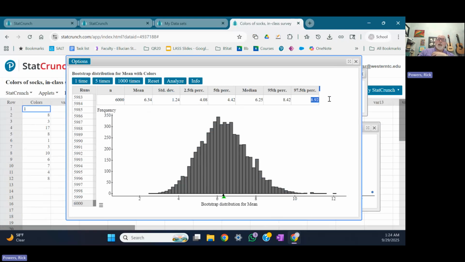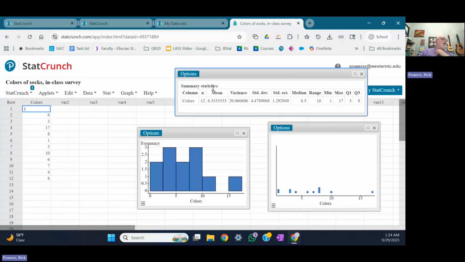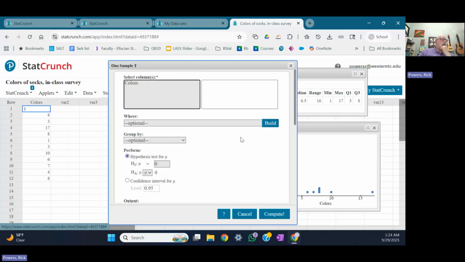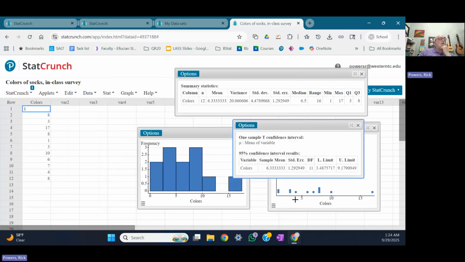How does that compare with a standard confidence interval if we did stat, t-stats, one sample with data, columns, confidence interval 95%, compute? It's different, okay? It's 3.5 to 9.2.